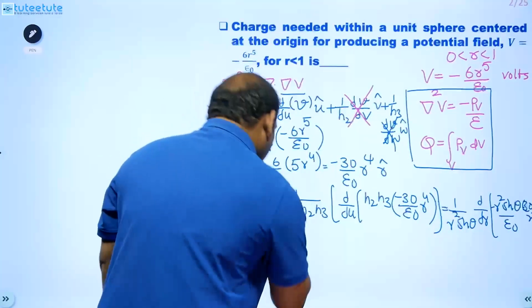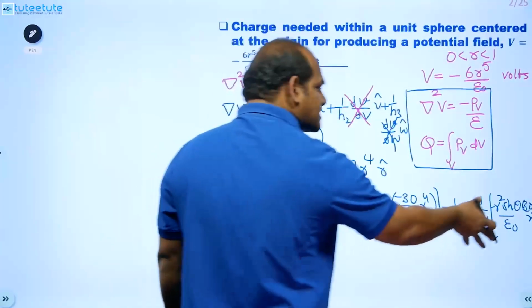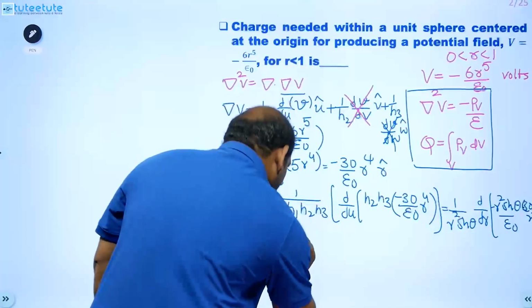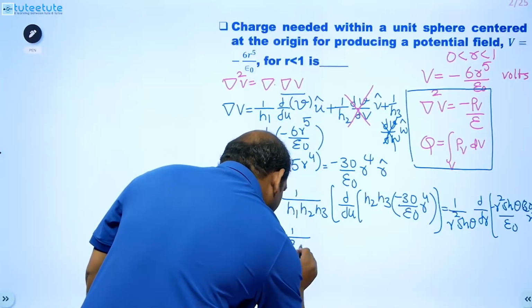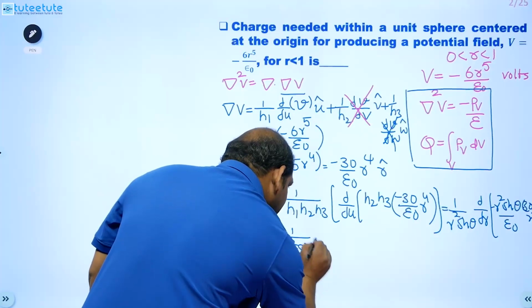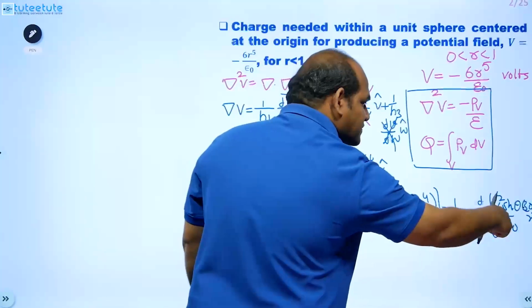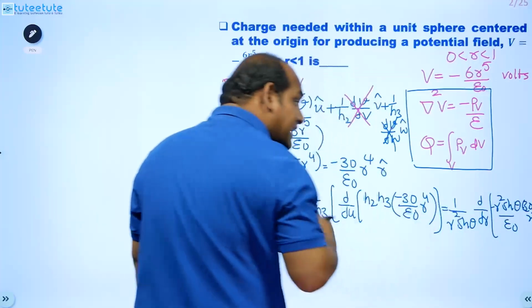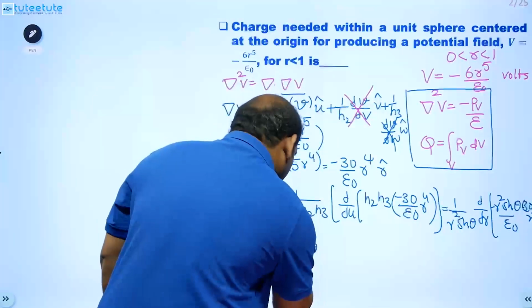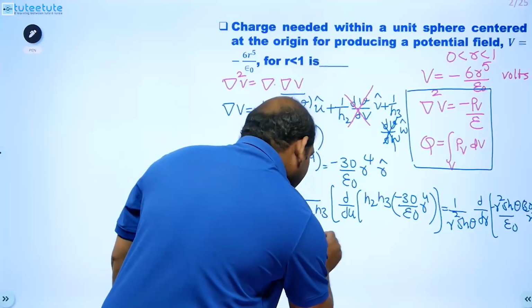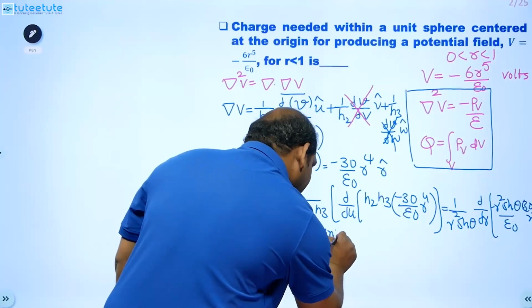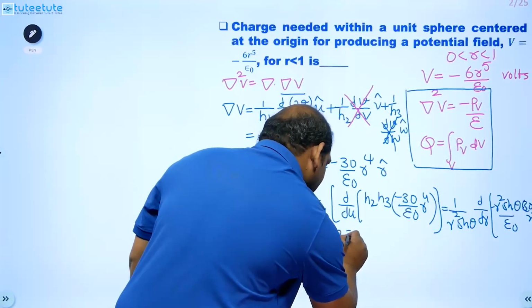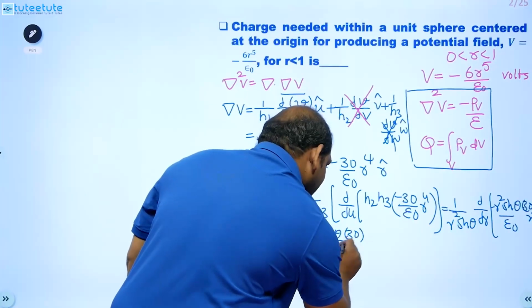Now whatever the constants are there, I will write outside, but in front of this we have already 1 by R square sin theta. Now what are the constants we have? We are performing the derivation with respect to R, so sin theta is the constant. So minus, I am writing sin theta outside and 30 also outside by epsilon naught.